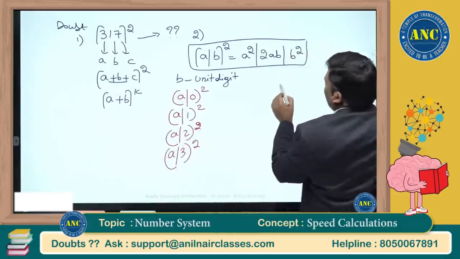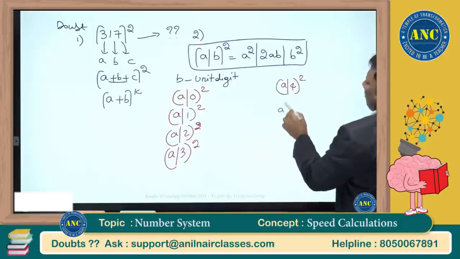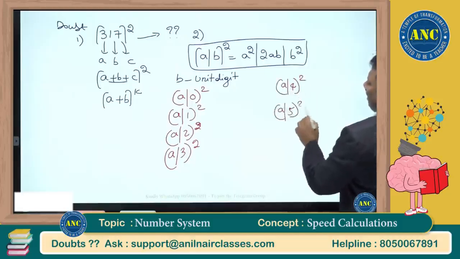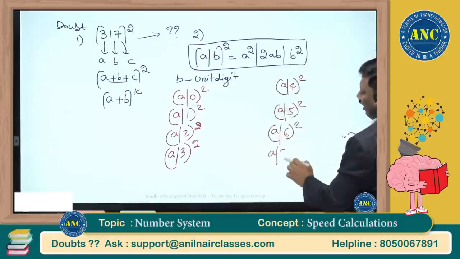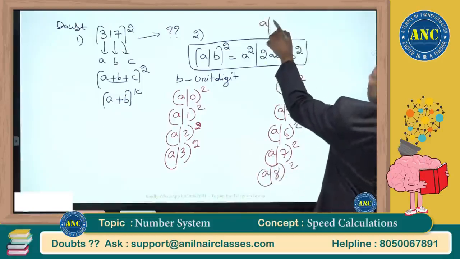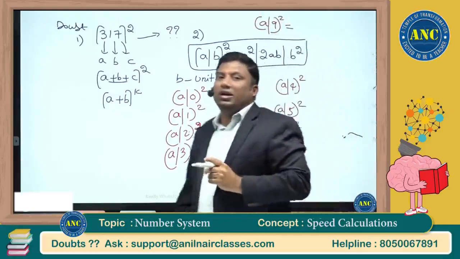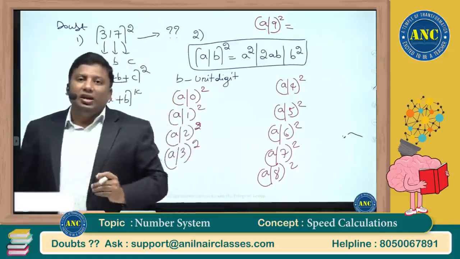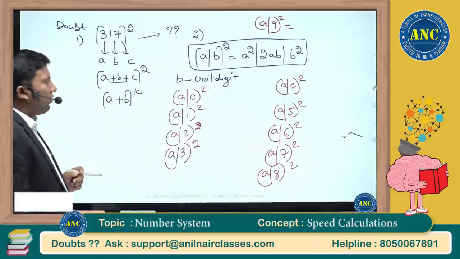Once you understand, B can be 5, 6, 7, 8, and 9. Am I right? B is a single digit, so these are all the cases possible. There is no other value B can take, from 0 to 9.